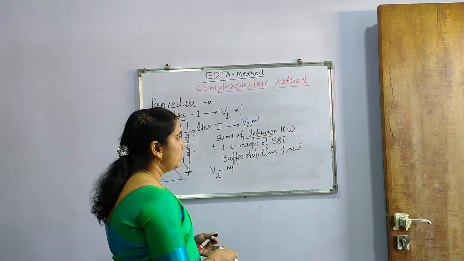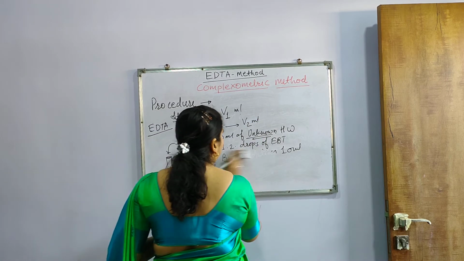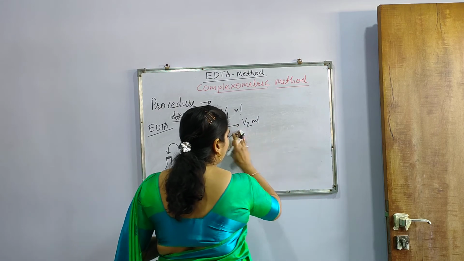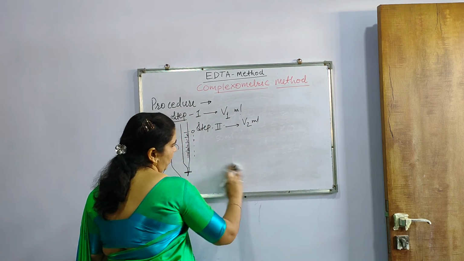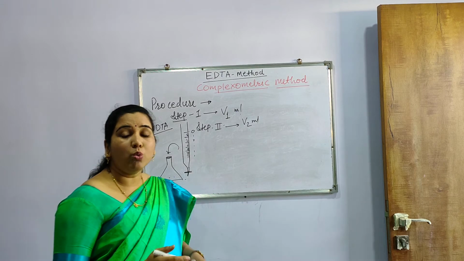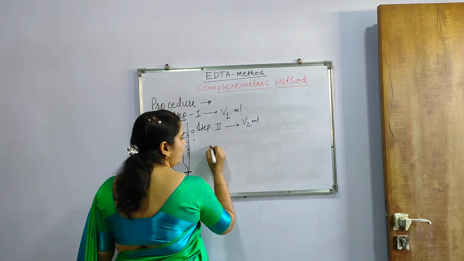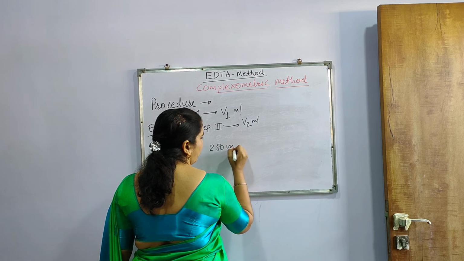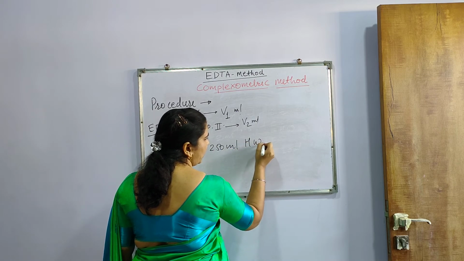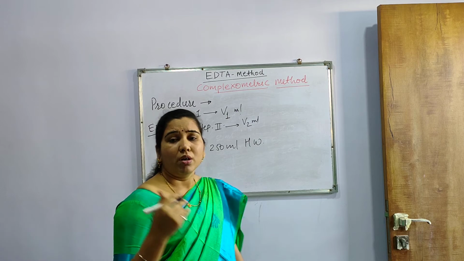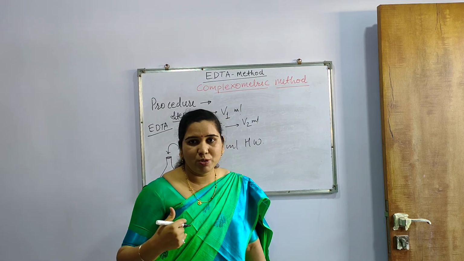Now just like that, in the third step there is a use of boiled hard water sample. Now we will first of all see how this boiled hard water sample is to be prepared. So take 250 ml of hard water sample, those which we have used as an unknown hard water. The same sample is to be used.